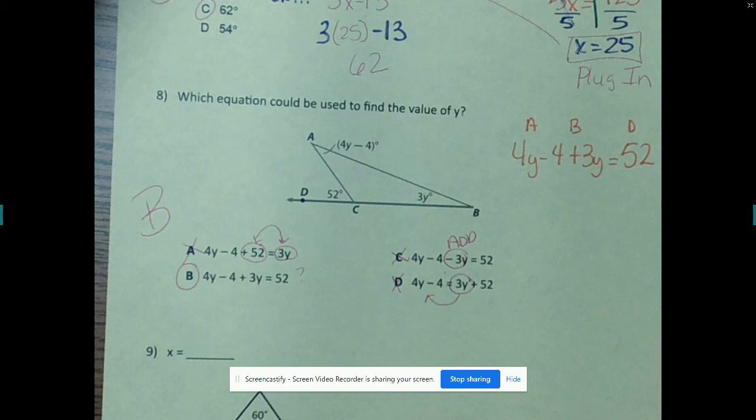Now this one actually does ask for x, so you don't have to plug it back in. So hopefully you're doing 60 plus 5x equals 10x.